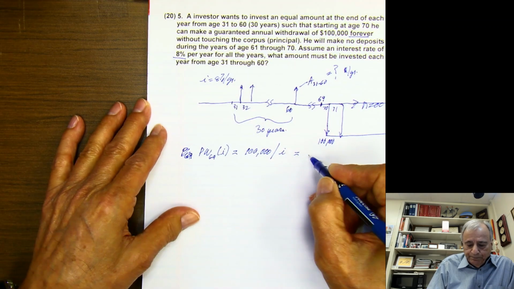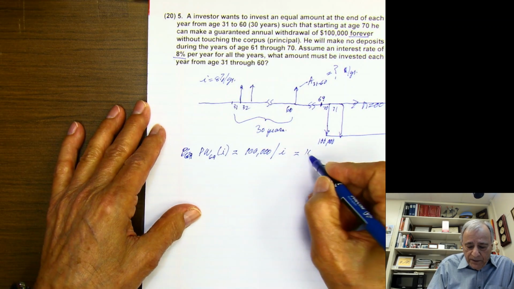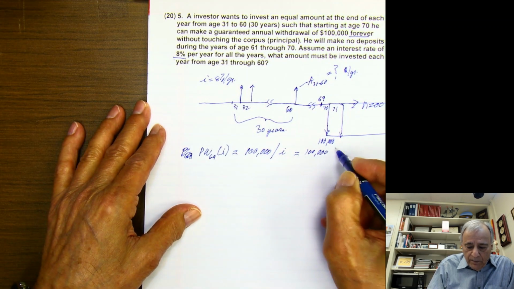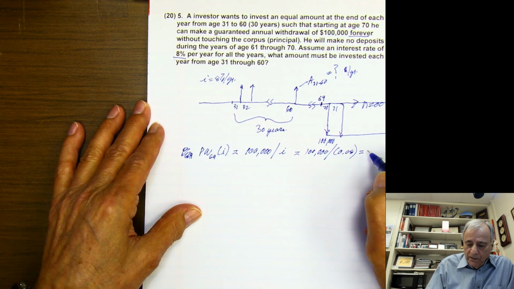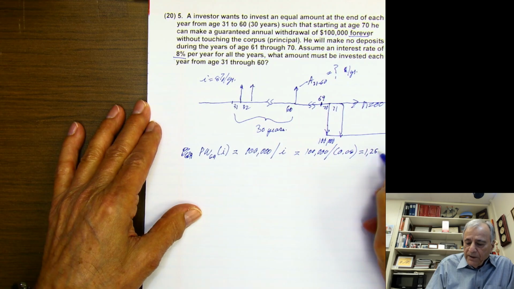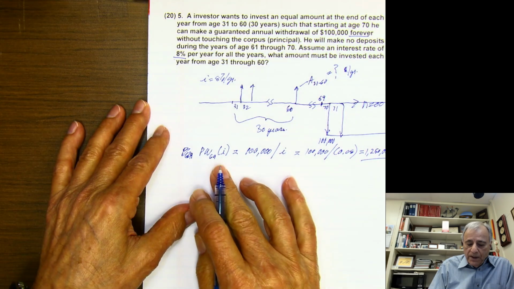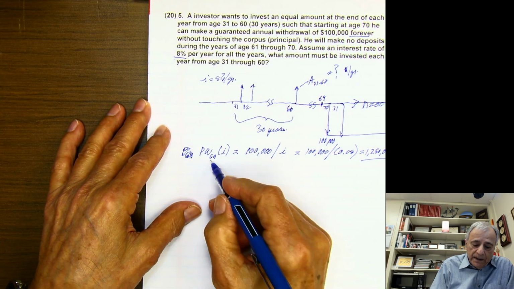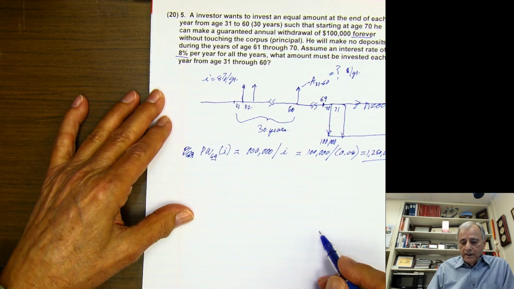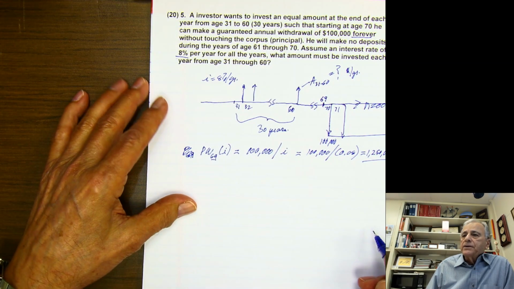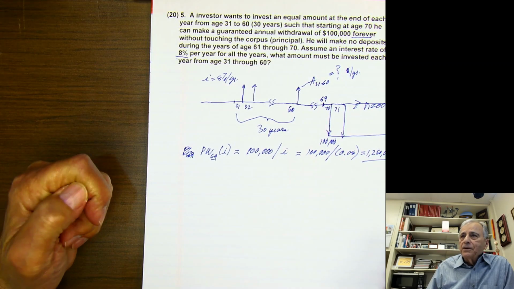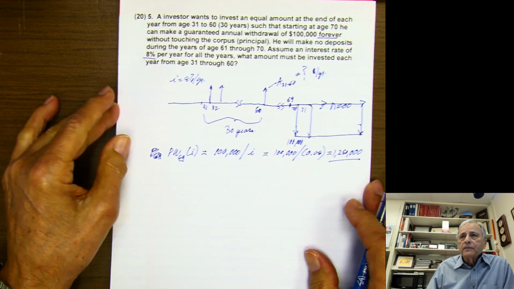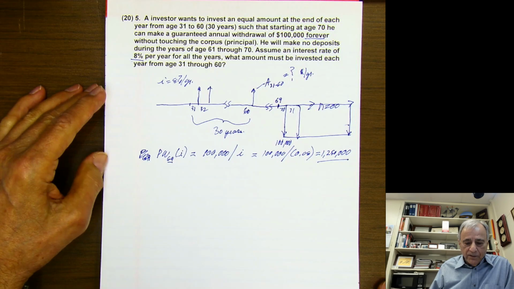If we divide 100,000 by 0.08, we basically get 1.25 million. That's what the present worth at time 69 must be in order for this $100,000 to be withdrawn forever.